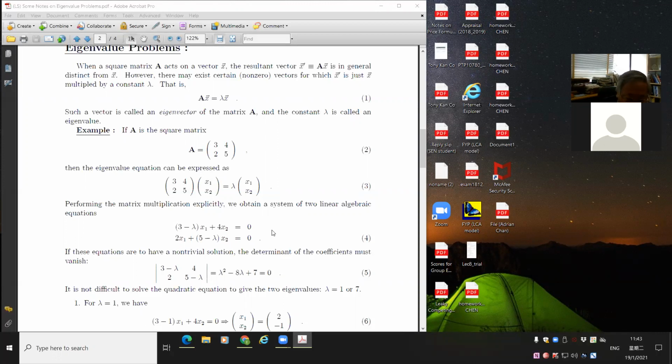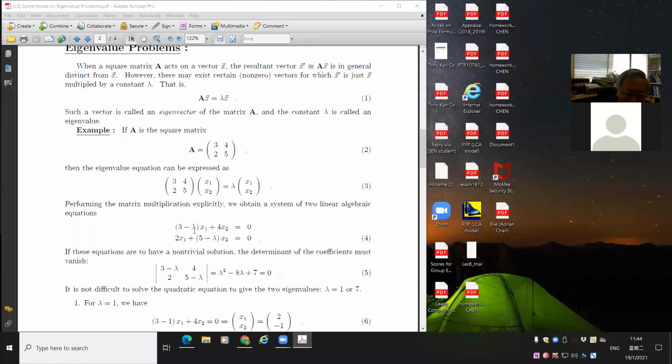However, if we are interested in a non-trivial solution, then we have to satisfy a certain condition: the determinant of the coefficient matrix of this set of two linear algebraic equations must vanish.